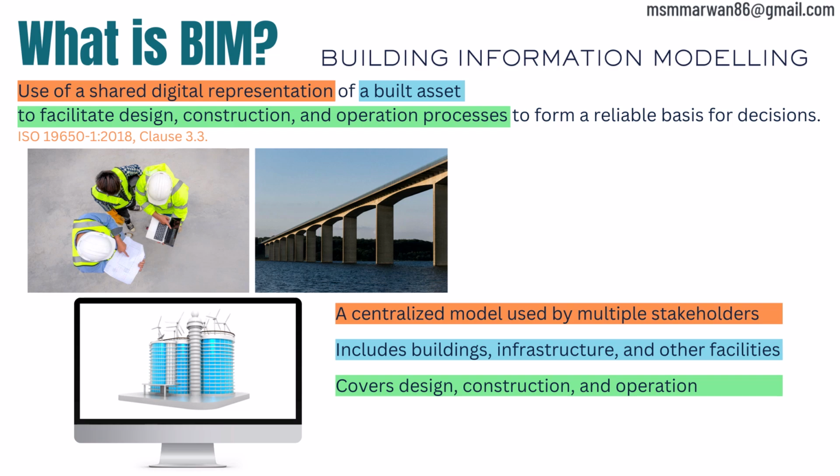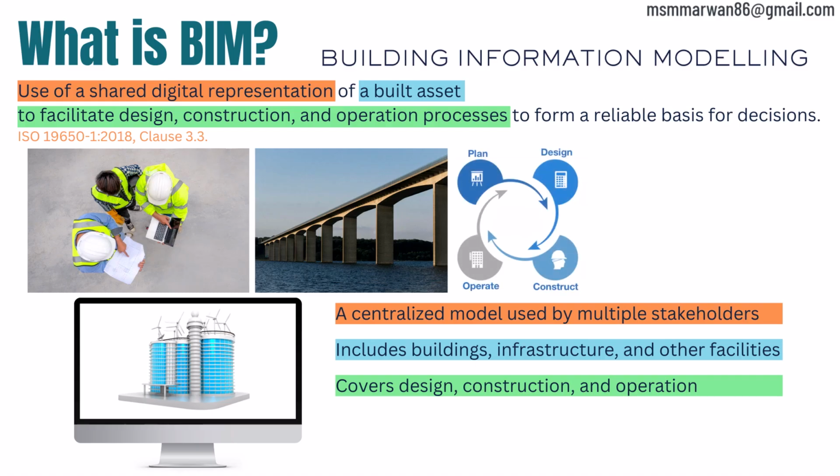The digital representation is used for designing purposes, during the construction phase, and during the operation or maintenance phase of the project. Now with these 3 points, we can clearly understand the process of BIM. BIM means creating a digital representation of a built asset to facilitate the design, construction and operation process.